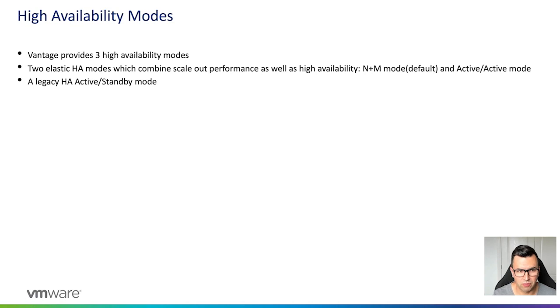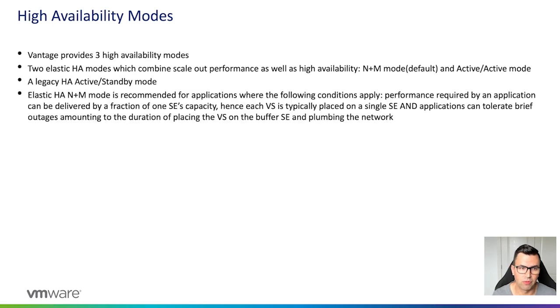On the other side, we have the legacy HA active-standby mode. The reason for this HA method is to replicate what we have seen on a traditional load balancer, where you have one service engine, or one appliance in this case, that is active, and the other one is just in standby mode.